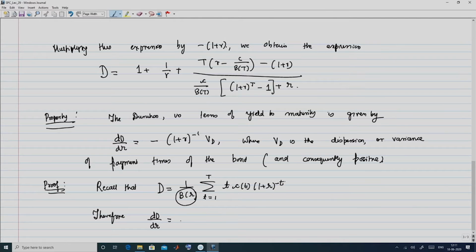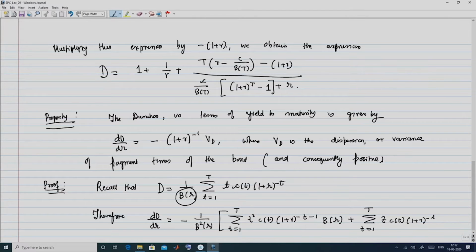This becomes minus 1 over B square of r within bracket summation t is equal to 1 to capital T, t square c of t into 1 plus r raised to minus t minus 1 into B of r plus summation t is equal to 1 to capital T, t c t into 1 plus r raised to minus t into B prime of r.